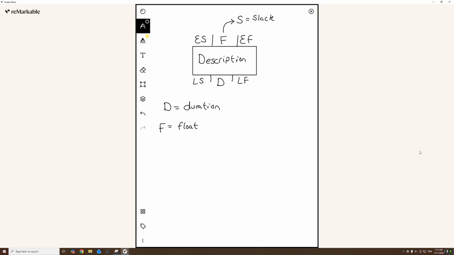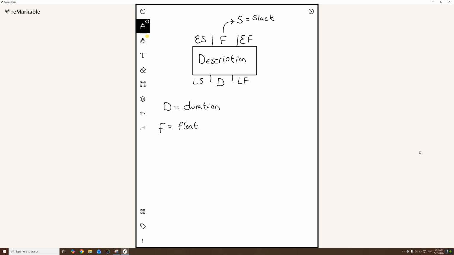The latest start is the latest you need to start the project in order to finish on time, and the latest finish is the latest you need to have finished this task in order to finish the project on time. All of that will make sense in the example I give later on.